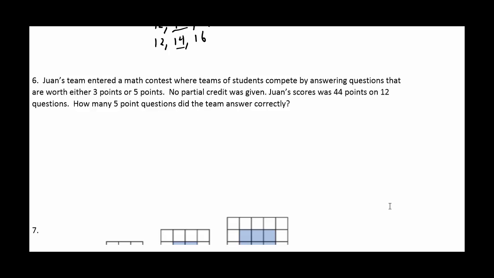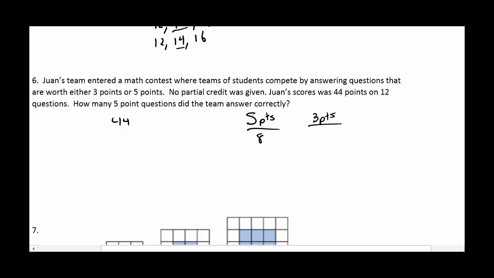Okay, so I know that there were 12 questions. And so I'm going to do a little organization here. I'm going to do a little chart of 5 points and 3 points. And I know that there were 44 points made. So let's start with the highest number of 5 points that I can put in there. Let's see, I could try 8.